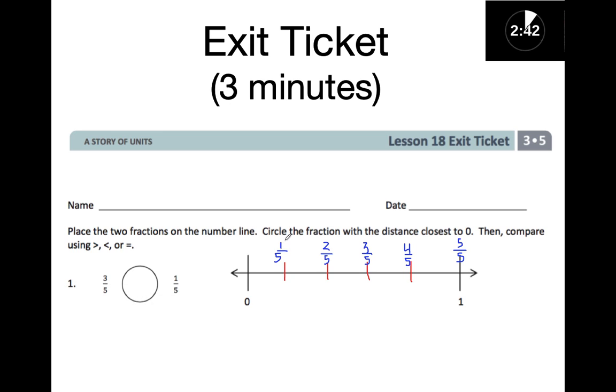And you're going to see that you should have circled 1/5. 1/5 is closest to 0. Now, we're looking at 1/5 compared to 3/5. Which one is bigger? Is it 1/5 or is it 3/5?